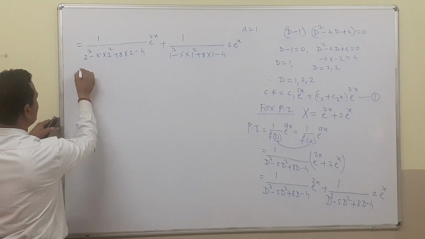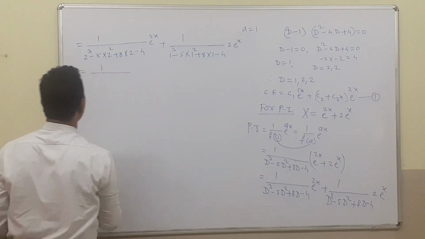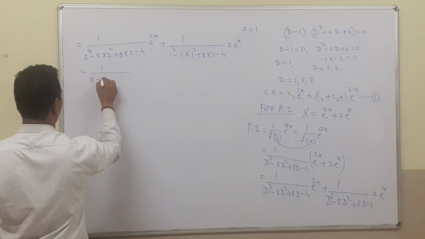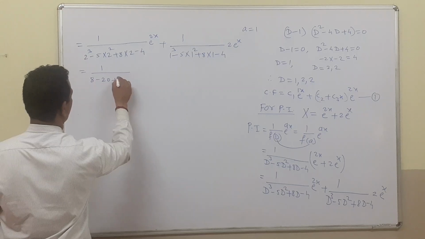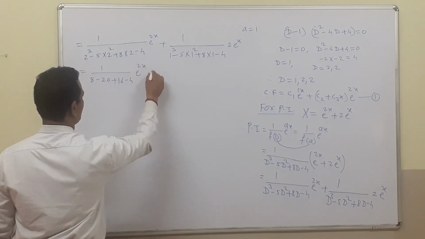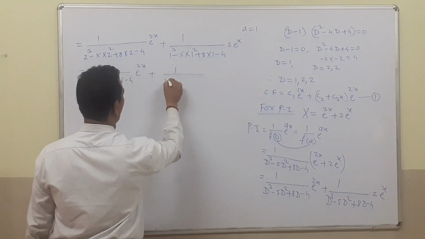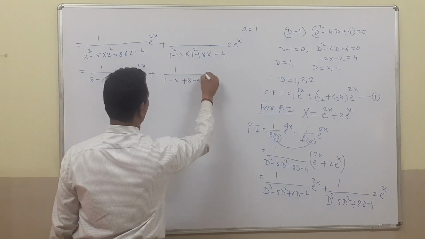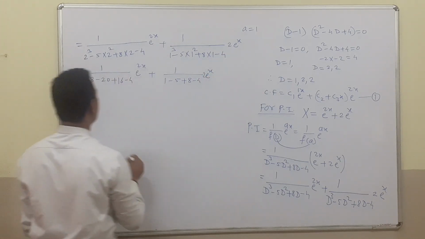Now just simplify this. We get 1 upon 2 cube is 8, 4 fives are 20, 8 minus 20 plus 16 minus 4, e raised to 2x, plus 1 upon 1 minus 5 plus 8 minus 4, into 2 e raised to x.